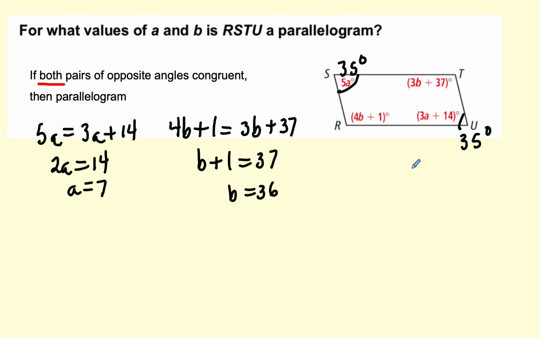Okay, 3 times 36 plus 37, that answer is 145. And if I take 36 times 4 and then add 1 to it, I also have 145. And I want you to notice that these are supplementary. And these are supplementary. That's what parallelograms should look like.